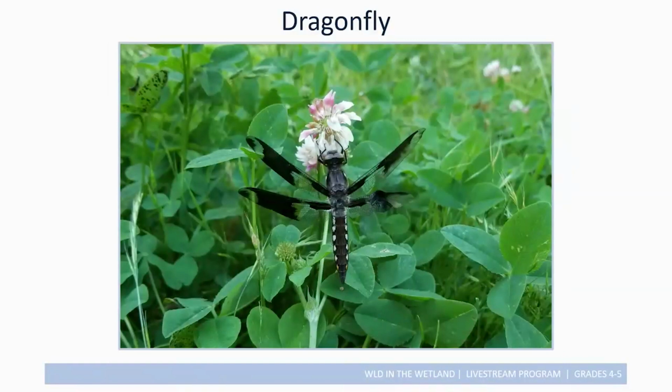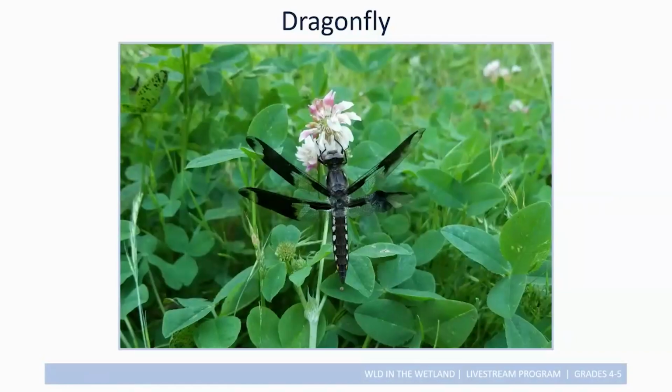One of my favorites is a dragonfly, and you will see them here at the ELC zipping around and flying over the water. Maybe not in the wintertime, but in more of the summertime you might. But the dragonfly really needs water because they spend the entire first part of their lives in the water as eggs, and then they hatch into nymphs, which is what we call the younger version of a dragonfly.